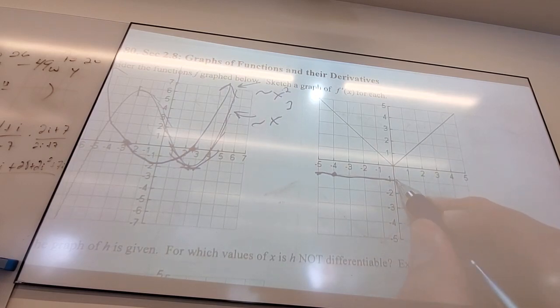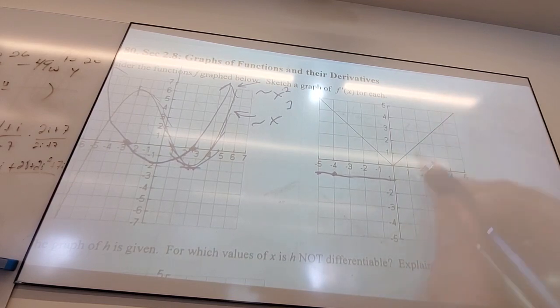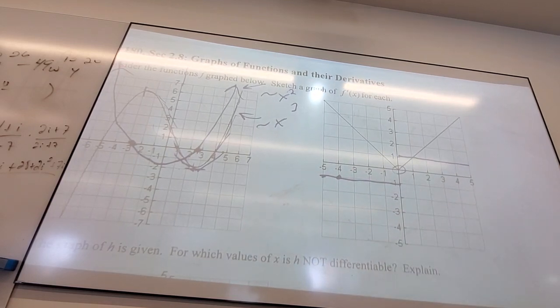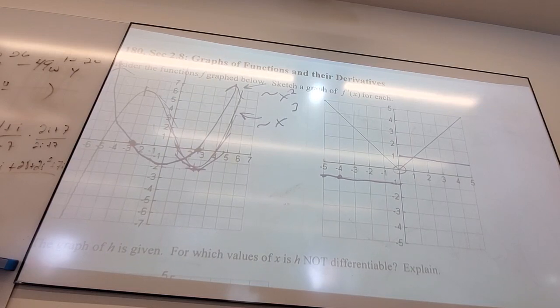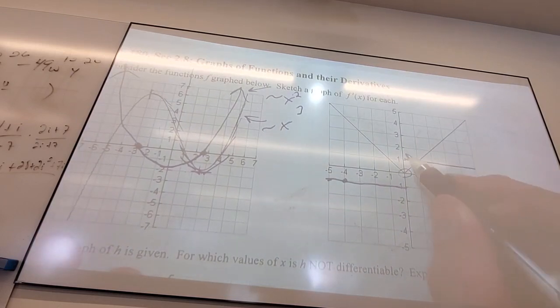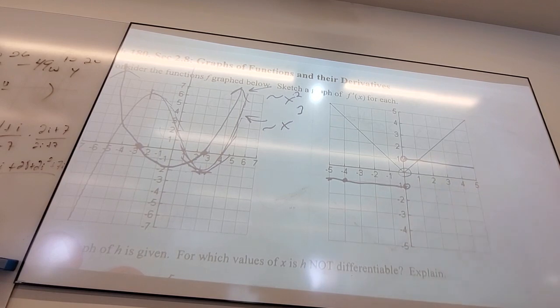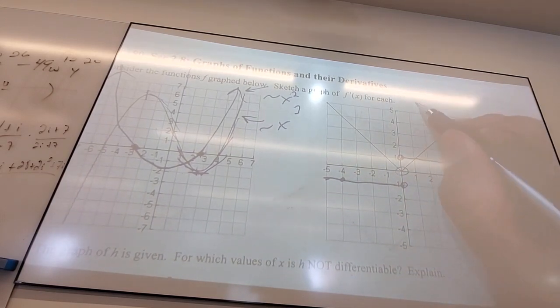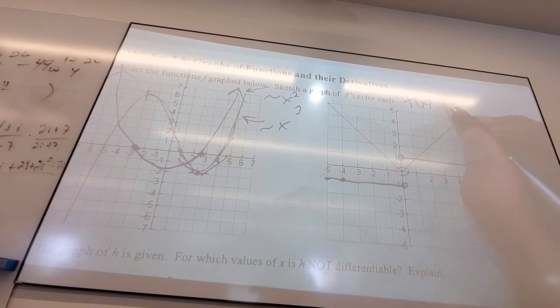Now right at this point, let's do this side first, then we'll talk about this point. What about this side? 1. Slope is 1. Now what do you think is happening right here? Is there a slope right there? No. So I put an open circle and an open circle. Does anyone know what the function is? You should.